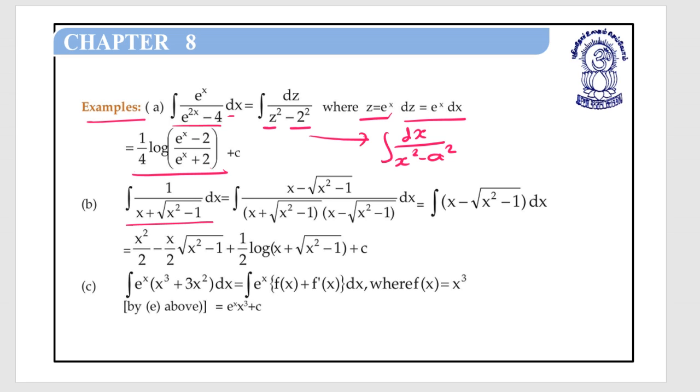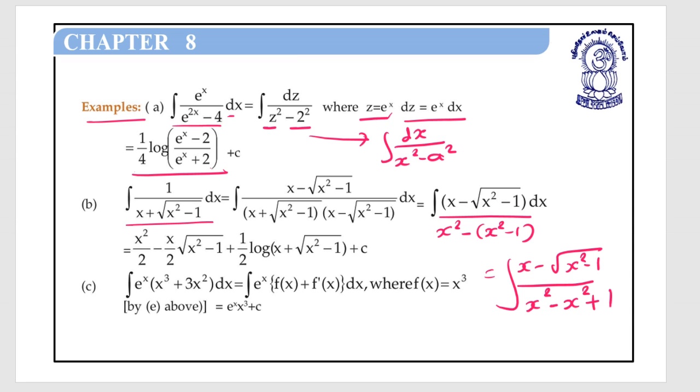So x plus under root x square minus 1 into x minus under root x square minus 1, it is x square minus x square minus 1. So it becomes x minus under root x square minus 1 upon x square minus x square plus 1 dx.